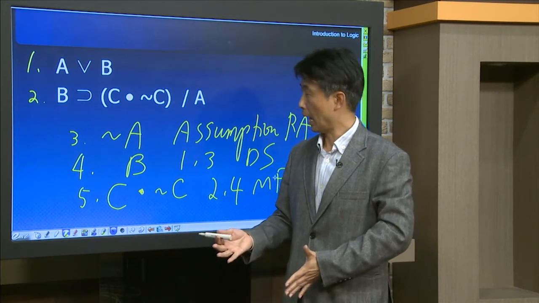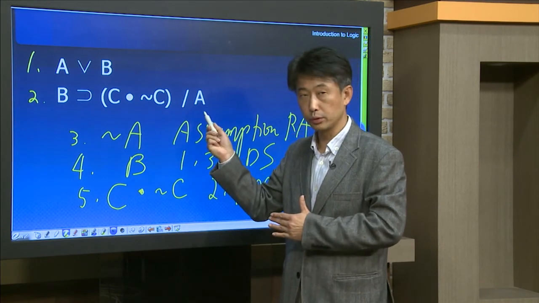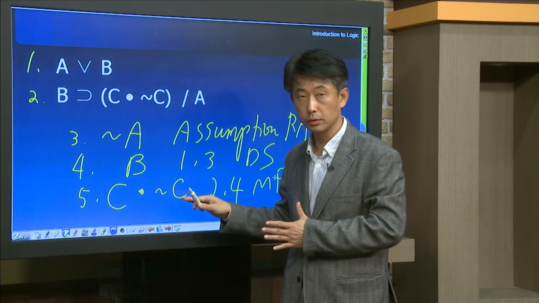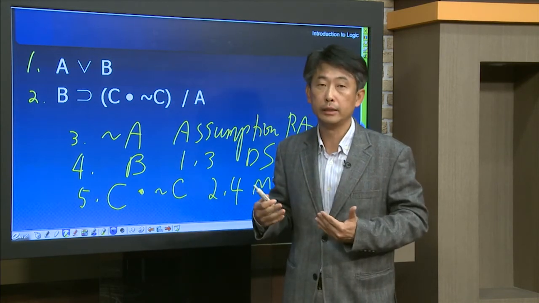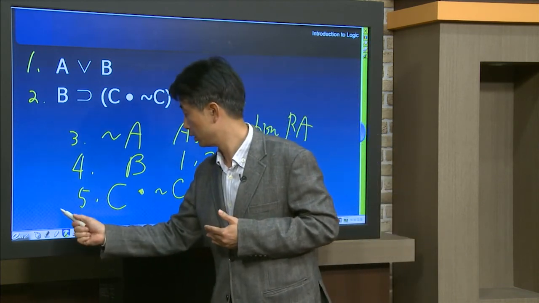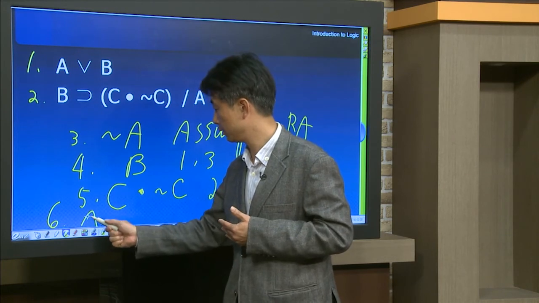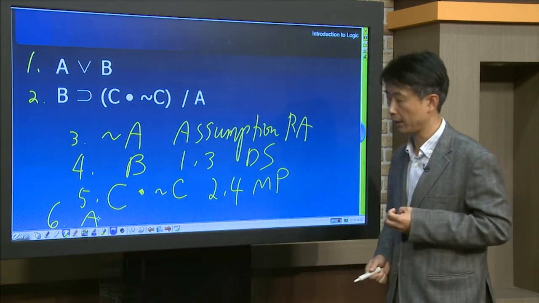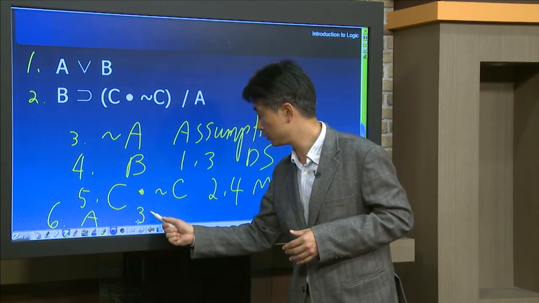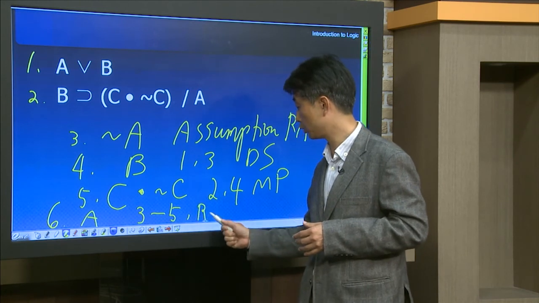So I have started by assuming the negation of the conclusion, and then I have derived a contradiction. So I have done all that RA requires me to do. So at step 6, I say the conclusion itself, A. I have derived A. Well, how? From step 3 through 5, I've used the technique called RA.